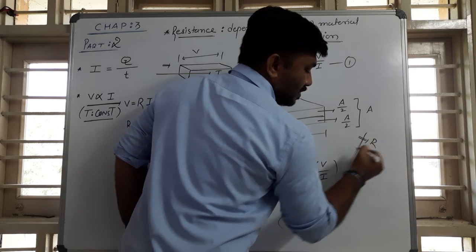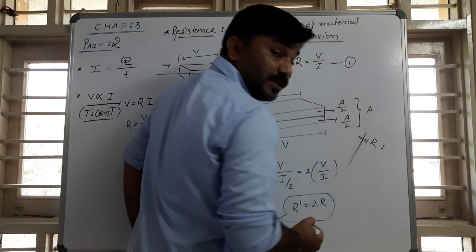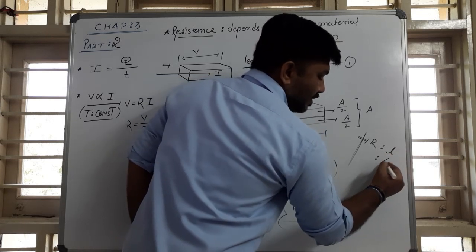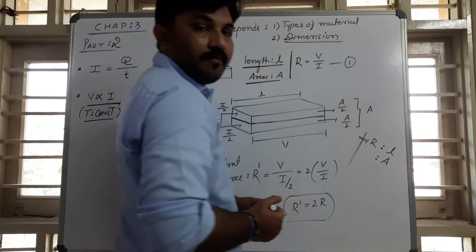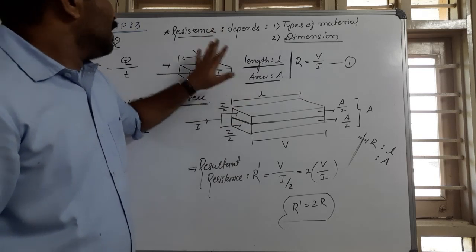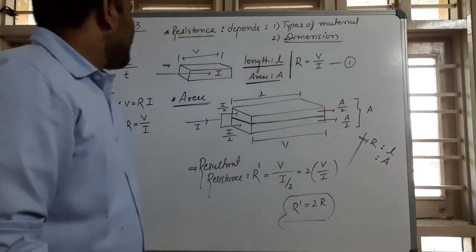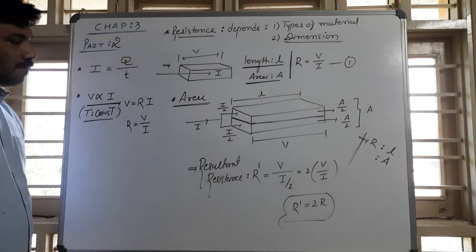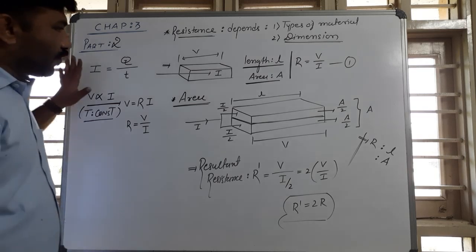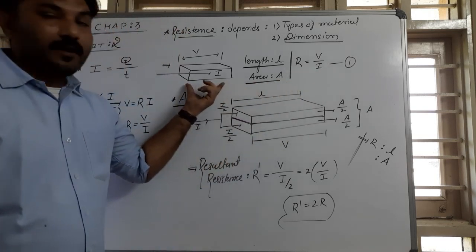Resistance depends upon which two quantities? Resistance depends upon the length as well as the area of a conductor. Clear? So this was the simple thing: how the resistance depends upon the dimension of a conductor. Simple definitions. From this definition, we took R is equal to V by I for a standard conductor.